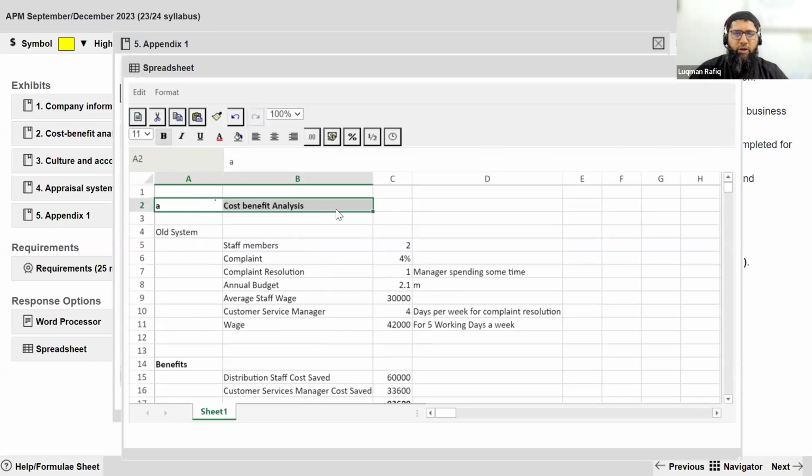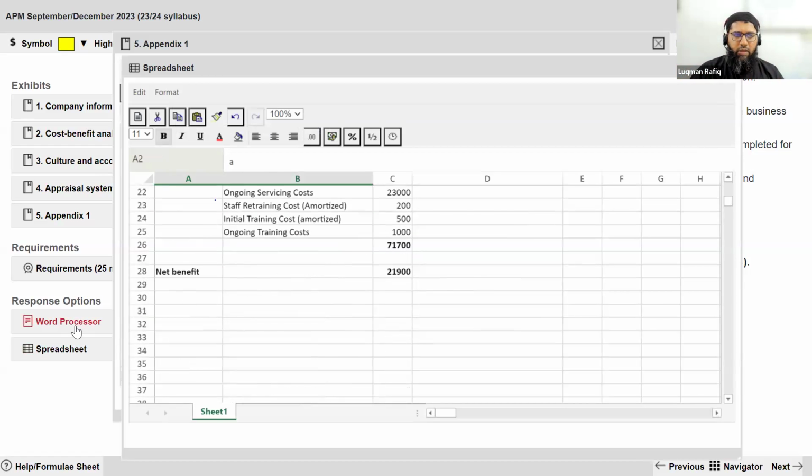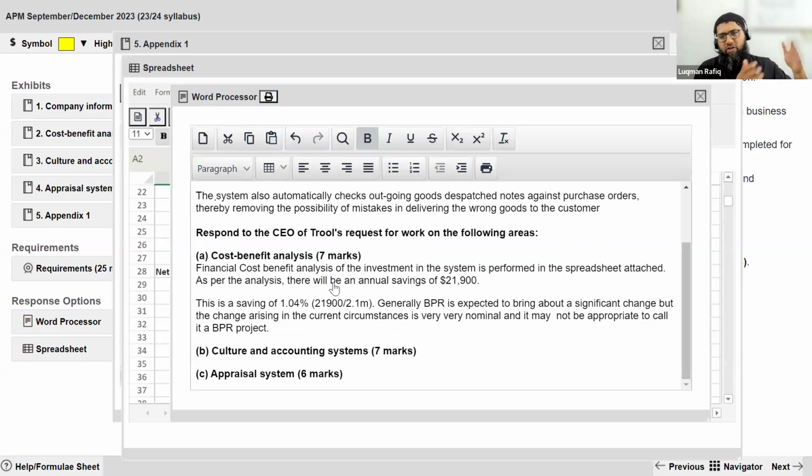Make sure that you clearly identify what you are doing. And then on the word processor, you could just refer to what you have done in the spreadsheet. So the calculations were done on the spreadsheet, and I would just relate that to the spreadsheet.